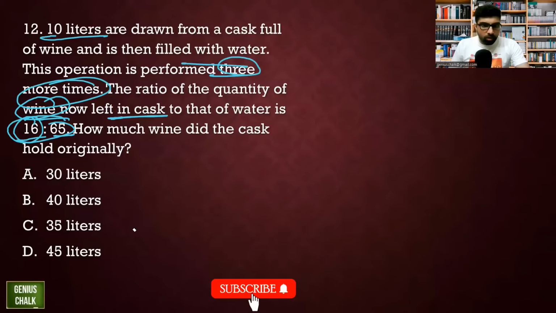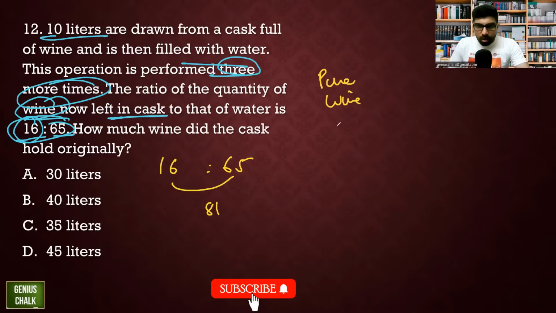Wine left is 16 and water is 65. That means I can say wine is 16, water is 65. So total has to be 81. So I can say total pure wine was 81 and wine left is 16 now, right?